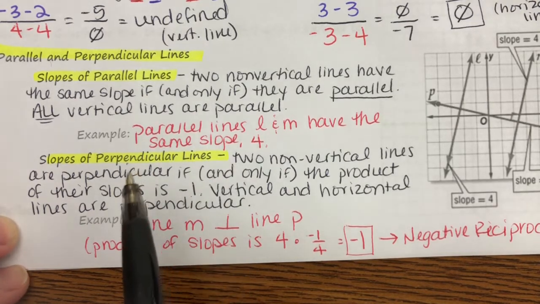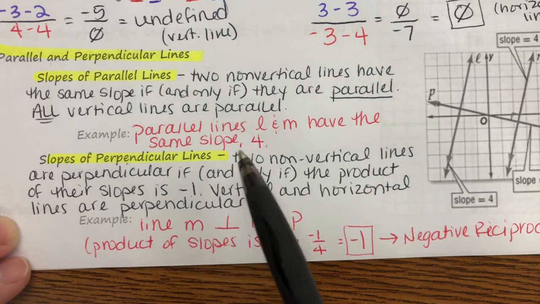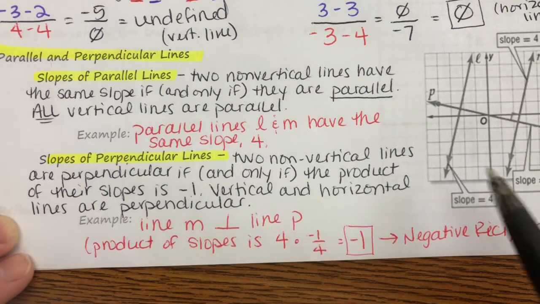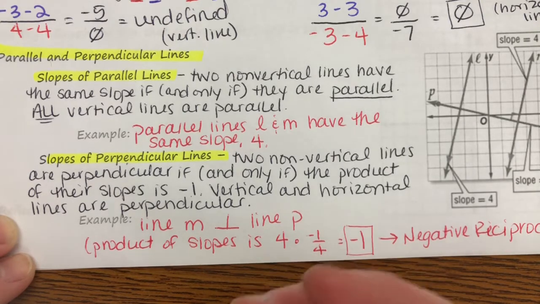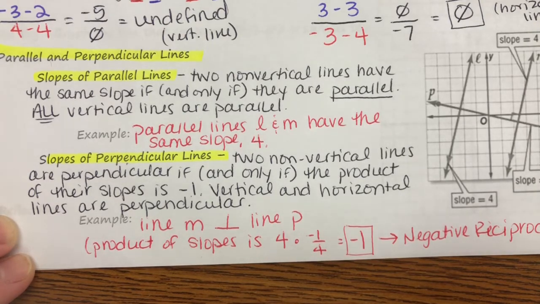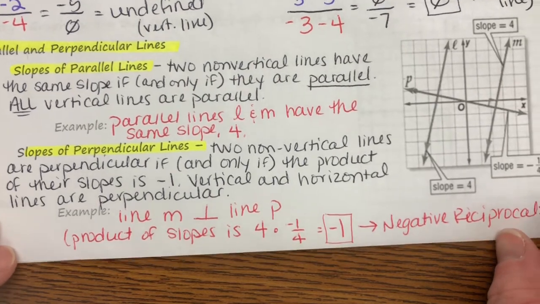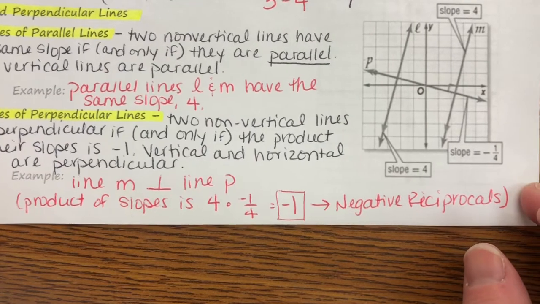So if the slope of one of the lines was 1 over 4, or let's say negative 1 over 4, if you flip that fraction upside down and change the sign, that's the negative reciprocal slope. That's the exact opposite. So negative 1 over 4 and positive 4 over 1 are opposite slopes. So they are perpendicular.